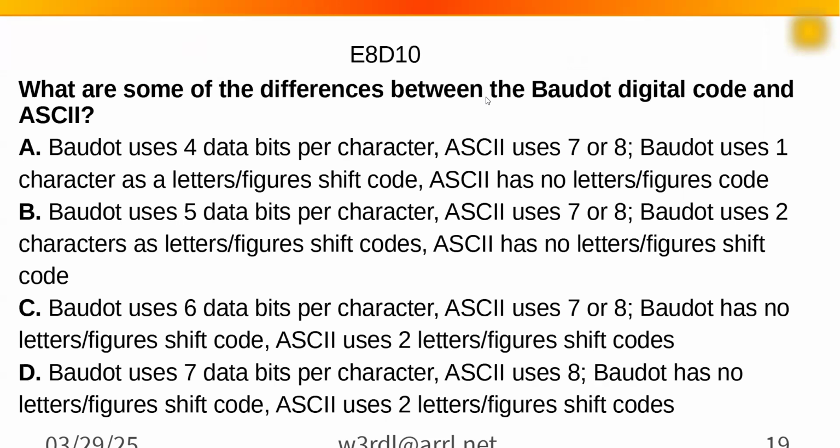What are some of the differences between Baudot digital code and ASCII? We've been through this multiple times now. So Baudot was 4-bit, and that's all. I could be wrong. I think it's wrong.